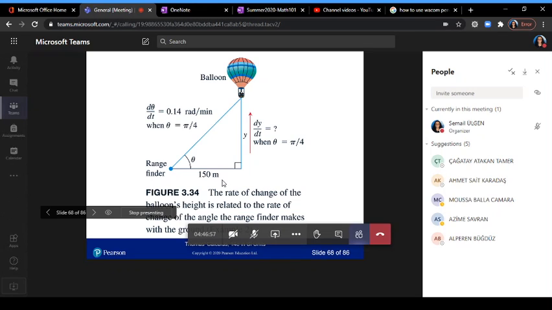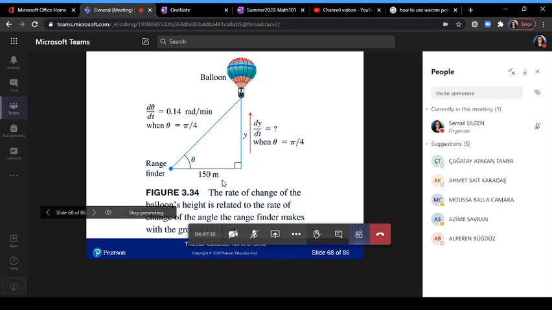So we have a relationship between theta and y, and theta depends on time, because as time increases, theta is going to get larger and larger. And y is a function of time, because as time increases, the height of the balloon is going to increase as well.